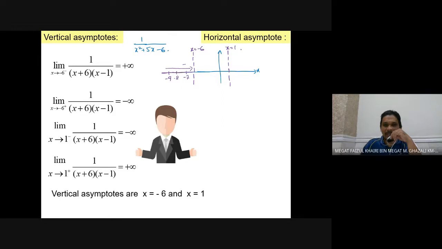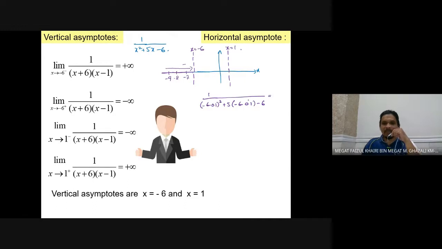Between negative 7 and negative 6, there are negative 6.5, negative 6.2, negative 6.1, negative 6.01. Okay, class, just imagine that if I substitute with negative 6.01 squared plus 5 times negative 6.01 minus 6.